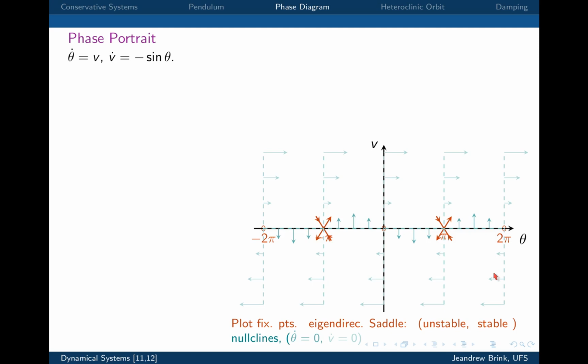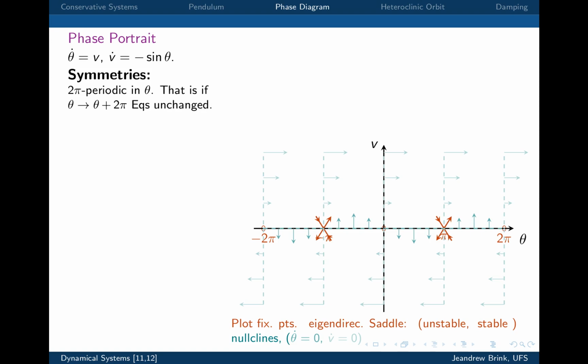Right, so now the next thing is we analyze the symmetries, because it will help us do the phase diagram. And here is an unusual one. These equations are 2 pi periodic in theta. In other words, if you replace theta with theta plus 2 pi, the equations are unchanged.